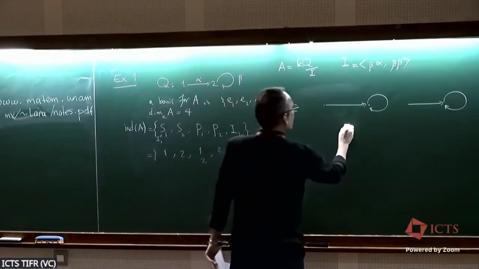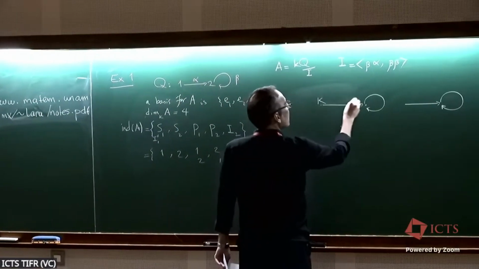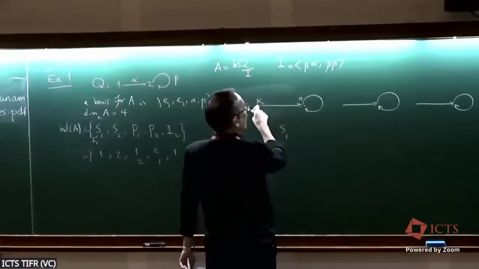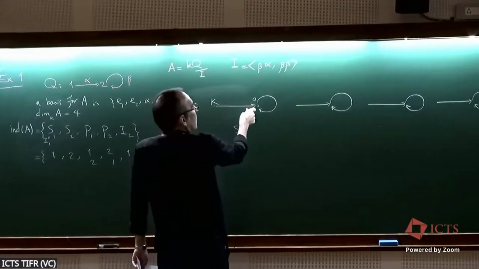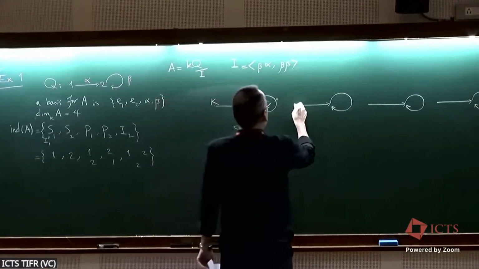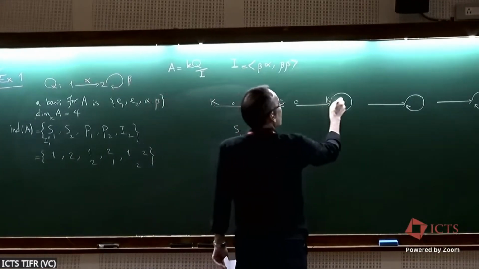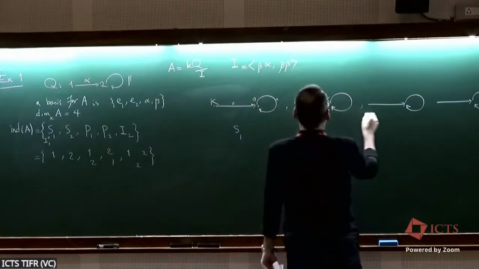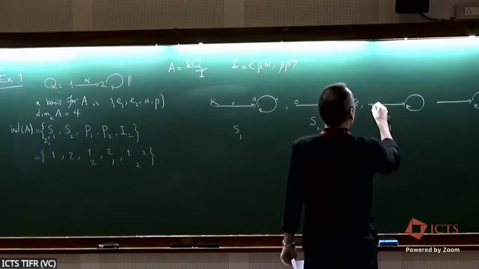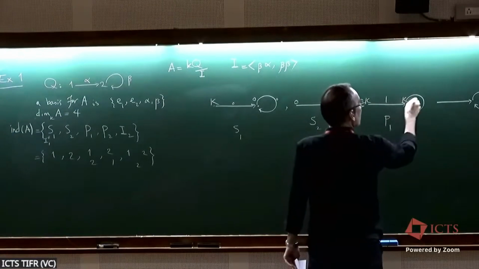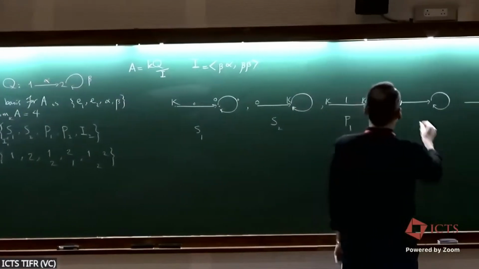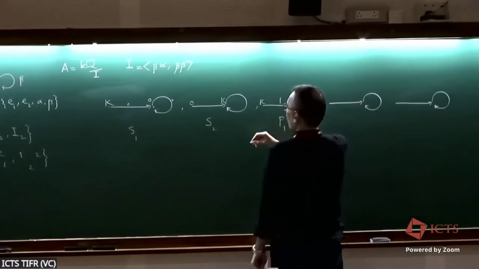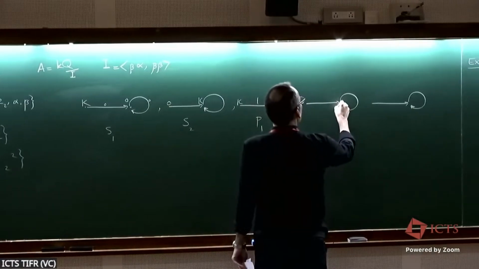This is S1, which means K0, and the map between S1 and S0 is evidently 0, so I may stop writing 0 maps. And then I have P1, which is K1, and this is 0. And I have P2, which is K squared, 0.